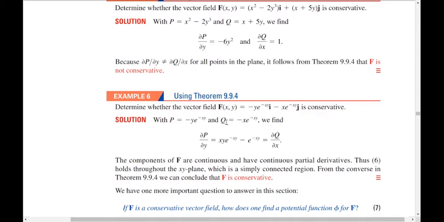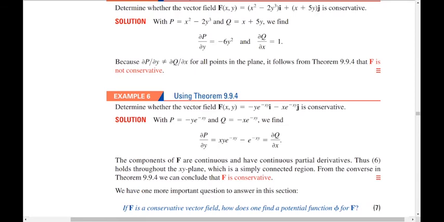Similarly, we differentiate Q partially with respect to x. Again we apply the product rule. The first term will be minus x into the derivative of e^(-xy), which is e^(-xy) into the constant y, minus y. So minus into minus, again plus, and we get plus xy e^(-xy). That is the first term. The next term, partially differentiating with respect to x, will become 1, so it will be minus e^(-xy).